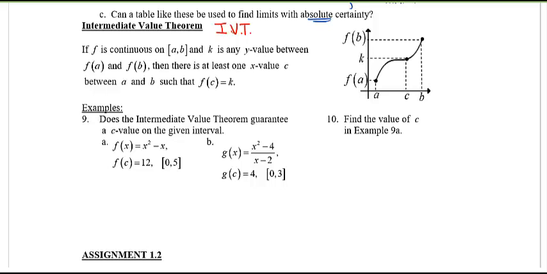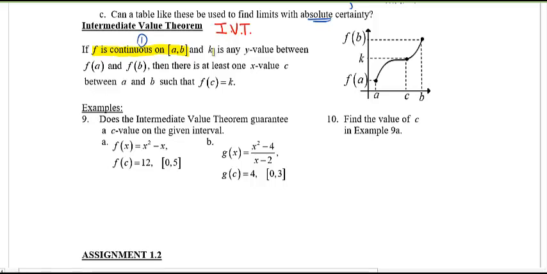Intermediate means like between. Okay, so with all theorems, there are some conditions that need to be met before the theorem is valid. So if you read this statement, it says if f is continuous on [a, b]. So that's an if, right? So a condition. Here's your first condition. f has to be continuous.